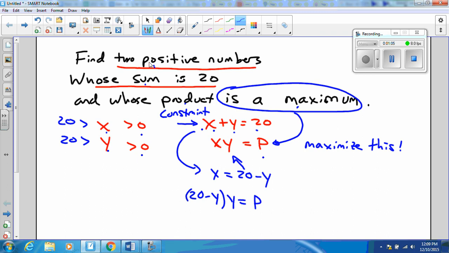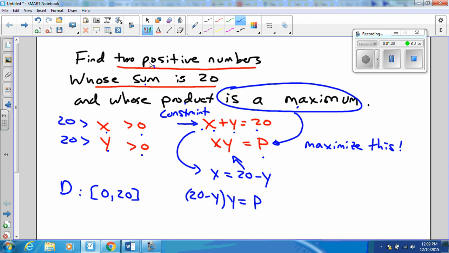Yes, sir? What is the interval for x again? Good. Well, actually, I'm interested in the interval for y, and that interval is going to be 0 to 20. There's my domain, because y has to be positive, and also y cannot be bigger than 20 because that would force x to be negative. Does that mean that you're including 0 though?